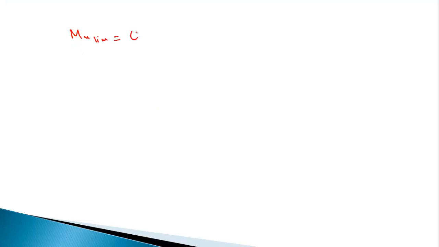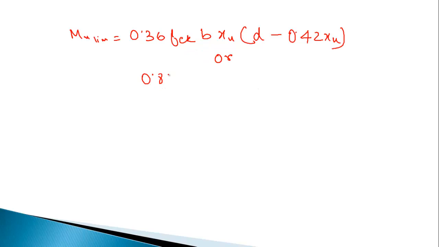You can use either of two formulas: 0.36 fck b Xu (d minus 0.42 Xu), which is a very important formula you have to memorize, or 0.87 fy Ast (d minus 0.42 Xu). Basically, one is from the compression side and the other from the tension side.